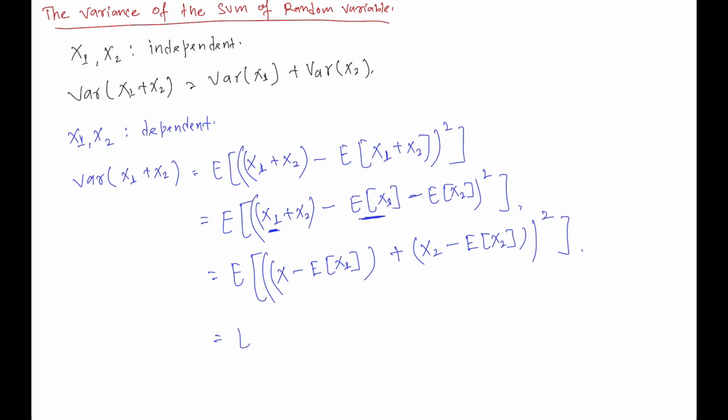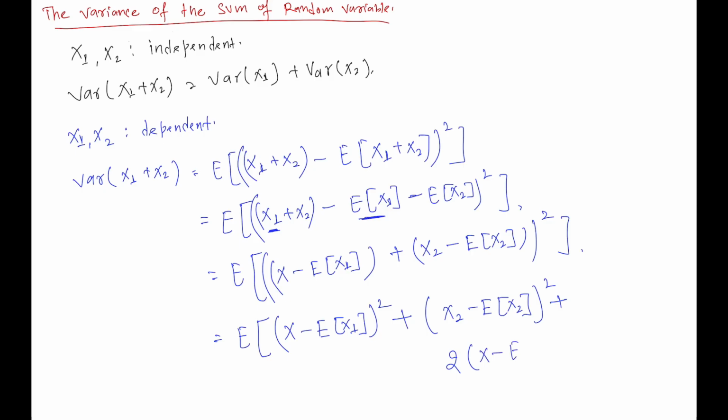So (a plus b) whole square is a square, where a is this one, squared, plus b square, where b is this one, squared, plus 2ab, so 2 times a, which is x1 minus the expectation of x1, times b, which is x2 minus the expectation of x2.